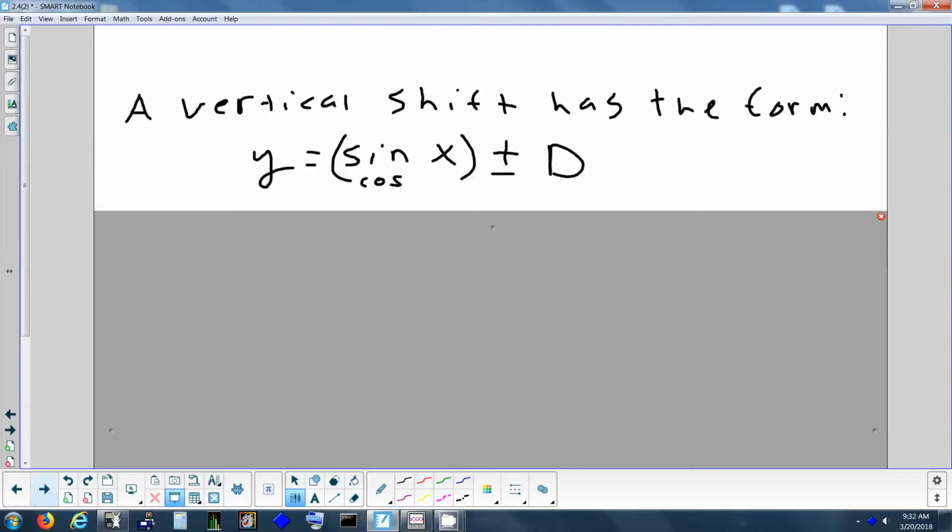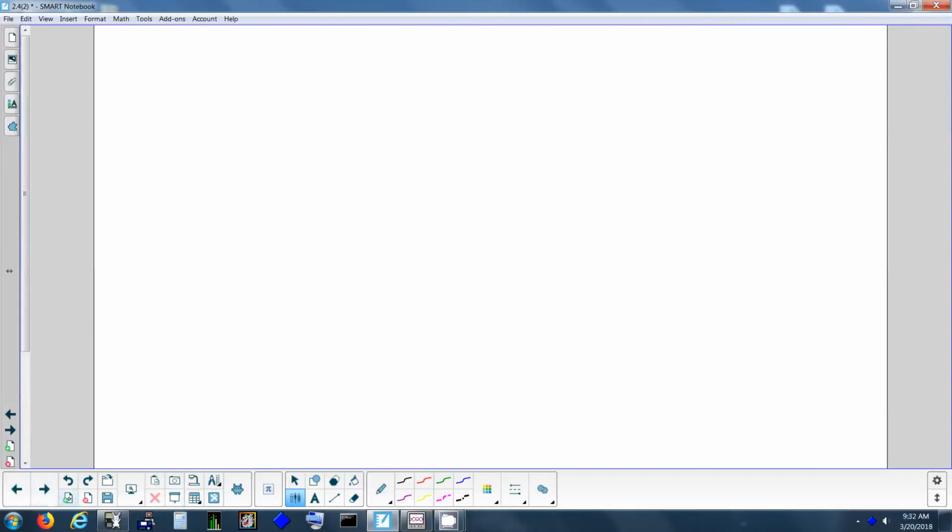Oh, I was going to ask if like the A was supposed to be a C. Technically, amplitude would be the third one you would do, if you were doing these in order. Phase shift is always the first one you do. The second one is period change, which I haven't taught you yet.